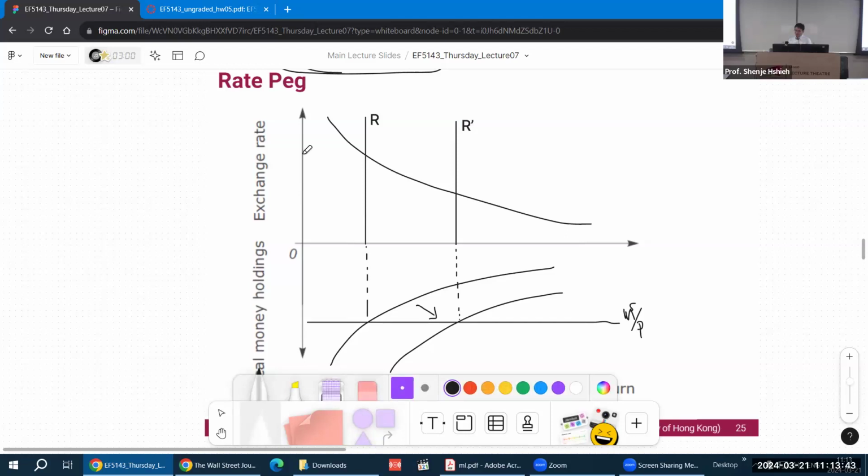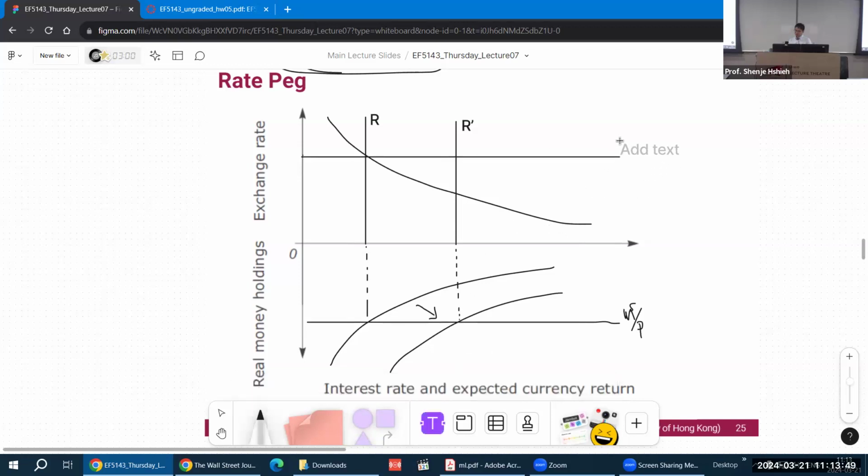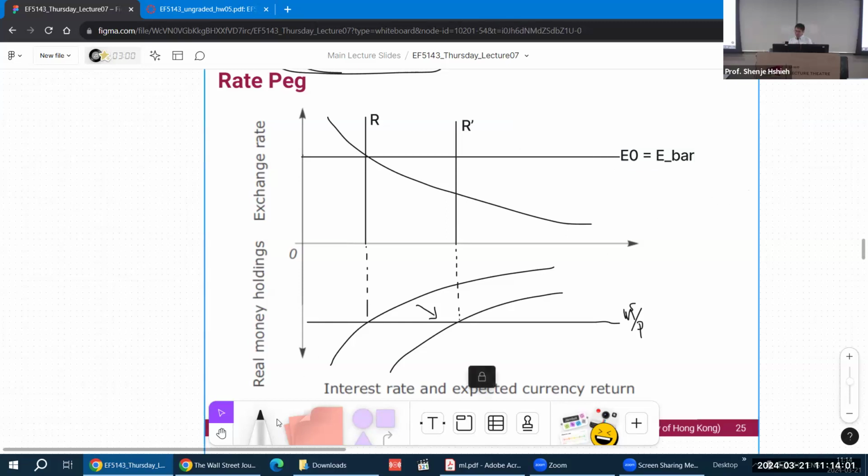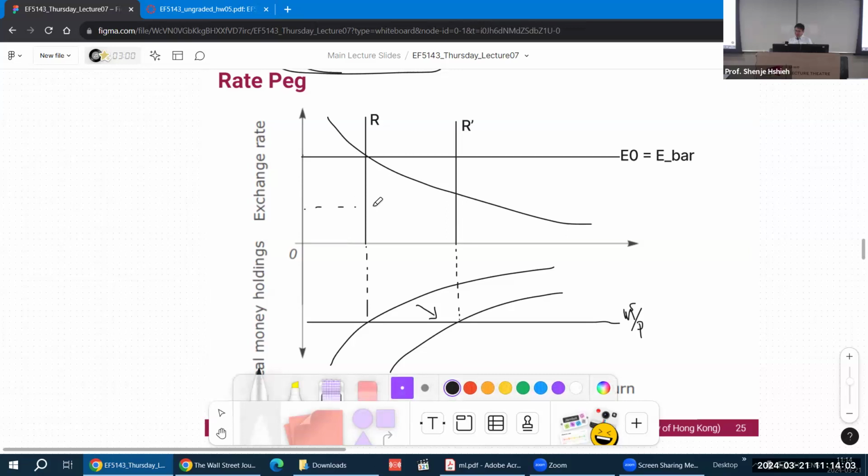But the problem is, this country has committed to a pegged exchange rate. So suppose this E naught is equal to E bar, right? The central bank promised, and if they're credible, they will maintain it. This is bad, right?